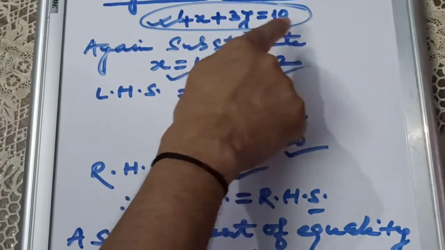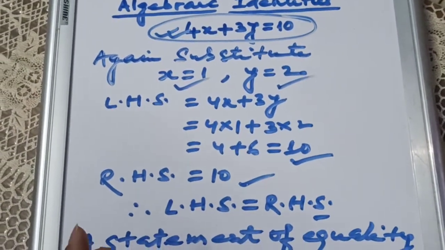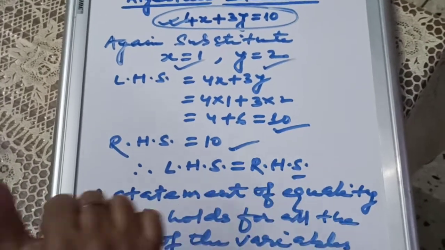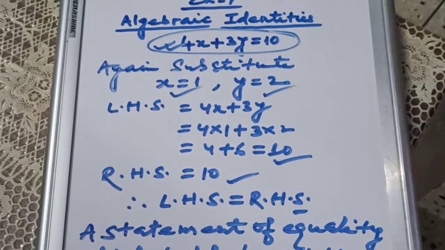But 4x plus 3y is equal to 10 is not an identity. Understand? Okay.